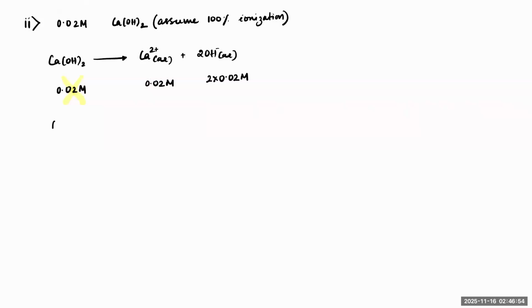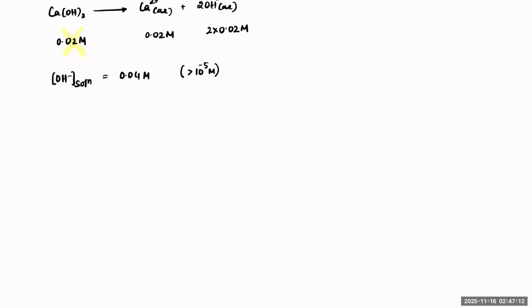So the OH minus ion concentration of the solution will be 0.04 molar, which is greater than 10 raised to power of minus 5 molar. That's why we are not worried about how much water is contributing.